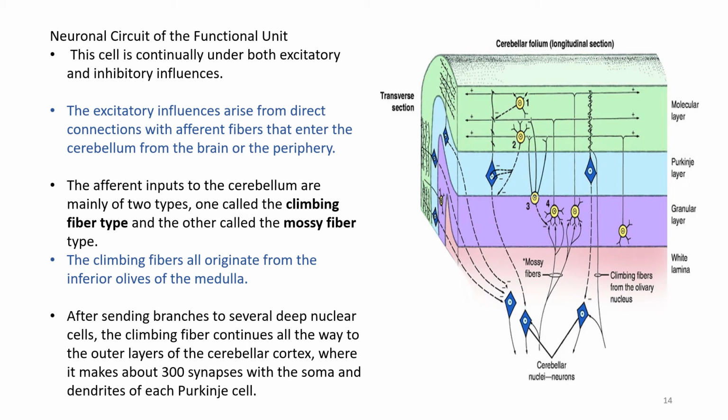After sending branches to several deep nuclear cells, the climbing fibers continue all the way to the outer layer of the cerebellar cortex, where they make about 300 synapses with the soma and dendrites of each Purkinje cell.